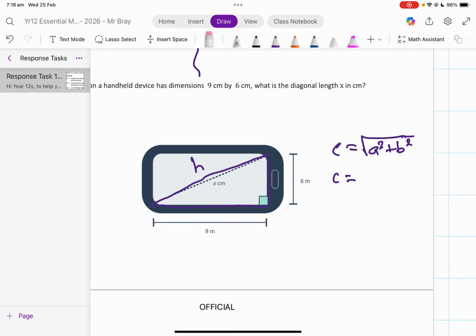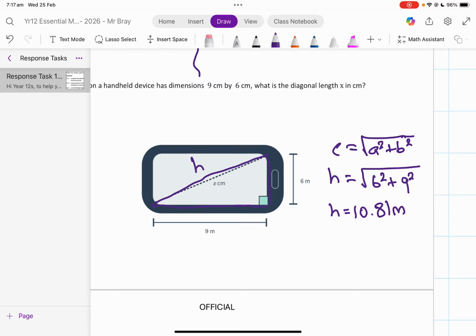And I'm going to replace C now with H. And I replace 6 for A, 9 for B. Actually, I'm just going to throw that straight into my calculator. Throwing that in the calculator gives me 10.81 meters.